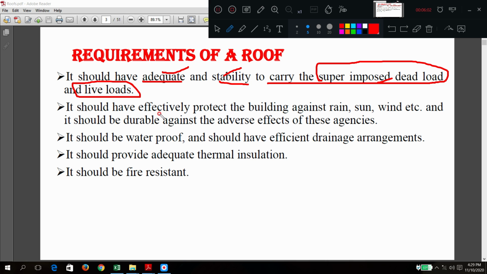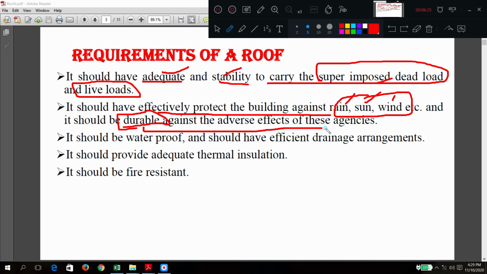And obviously it should effectively protect the building against rain, sun, wind. Otherwise why call it a roof? You don't require a roof when it is not helping to protect. And it should be durable, meaning lifelong sustainability, for a longer lifetime.